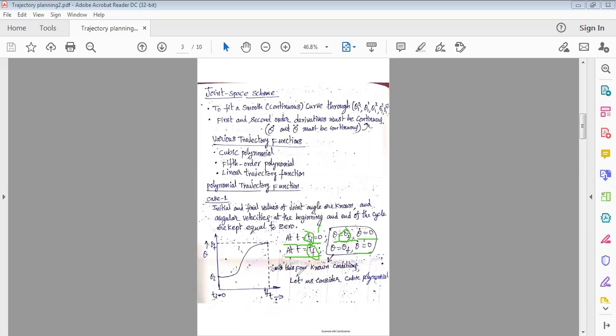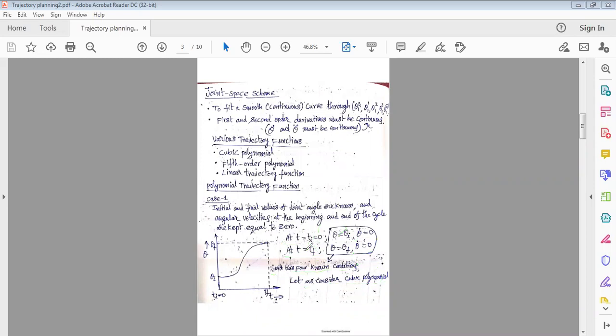With these four known conditions, let us consider the cubic polynomial function. Why do we choose the cubic polynomial function? You may have doubt, but there is a reason.